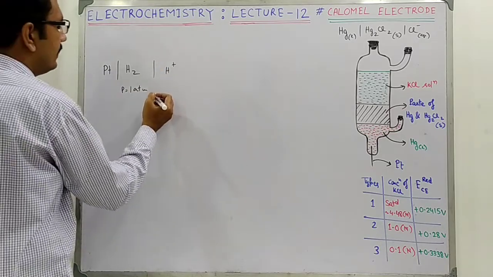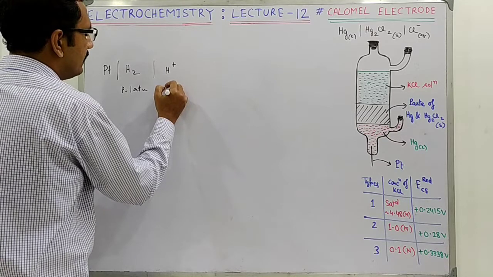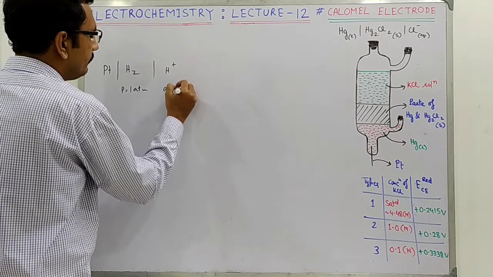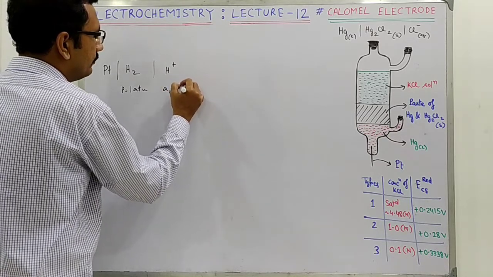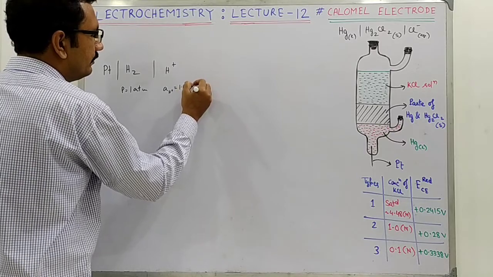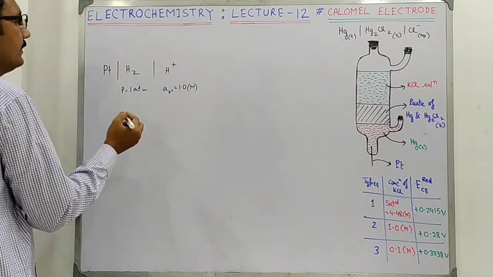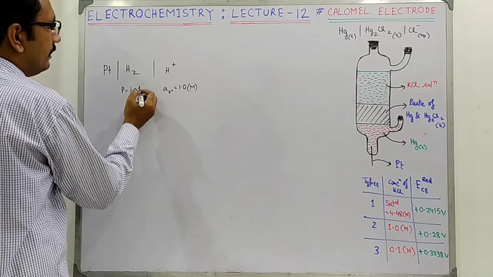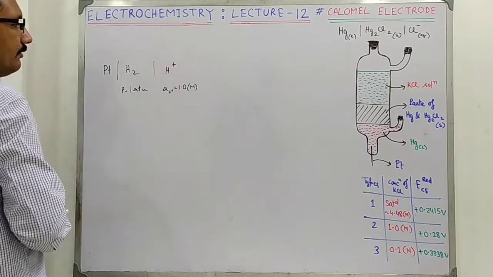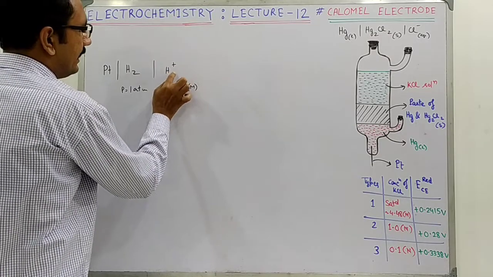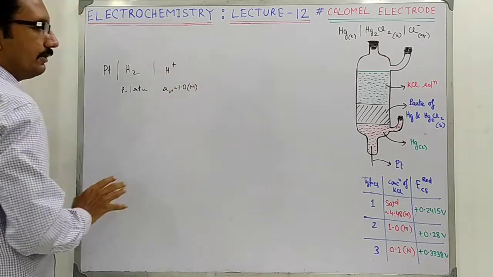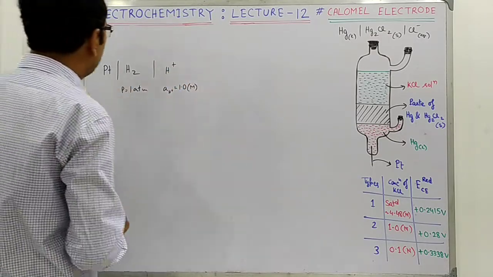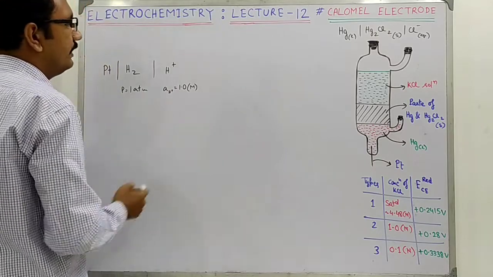This is the acid solution, with concentration 1.0 normal or molar, no problem, since the valence is 1. The pressure of hydrogen gas is maintained at 1 atm, and the platinum electrode is dipped in the acid solution having concentration 1.0 normal or 1.0 molar.